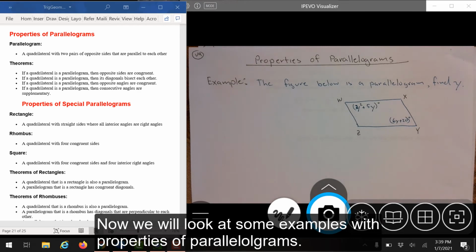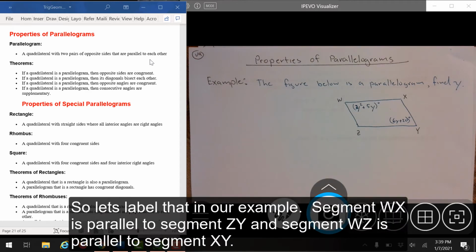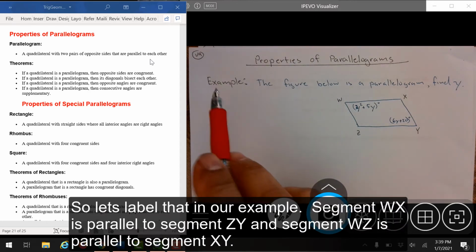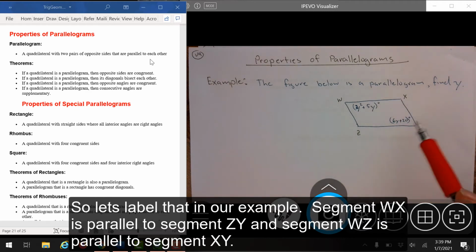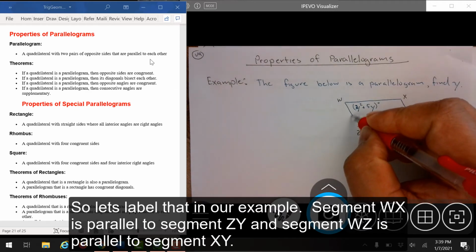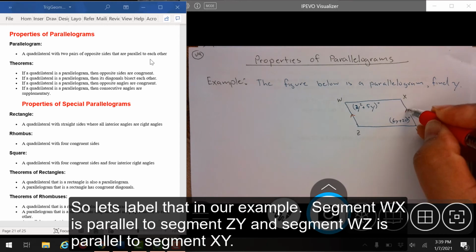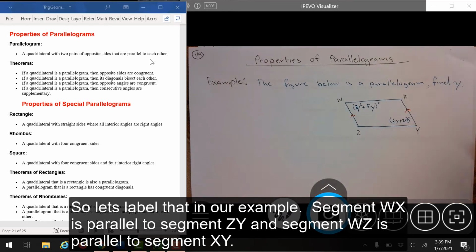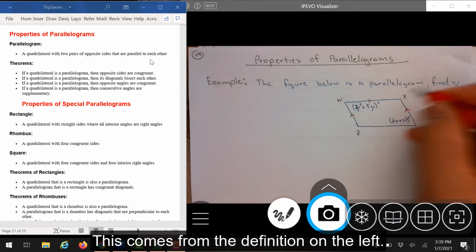Now we will look at some examples with properties of parallelograms. So let's label that in our example. Segment WX is parallel to segment ZY, and segment WZ is parallel to segment XY. This comes from the definition on the left.